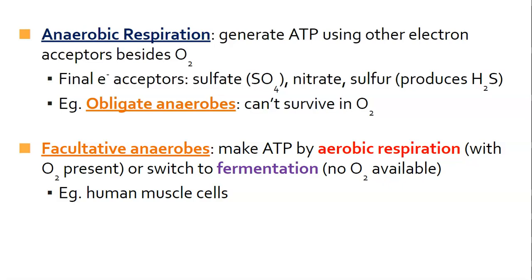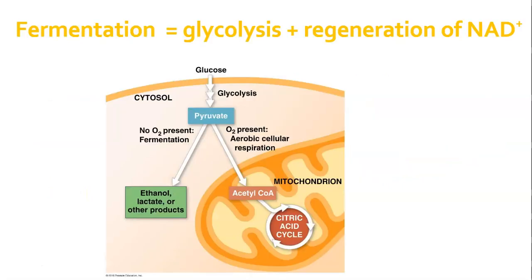It's not good in the sense of producing a ton of ATP, but a tiny bit of 2 is better than none. So our muscle cells are an excellent example of this. We prefer our oxygen, but then under exhaustion or complete use of oxygen in the muscle cells, they switch over to fermentation. So here's kind of roughly what that looks like.